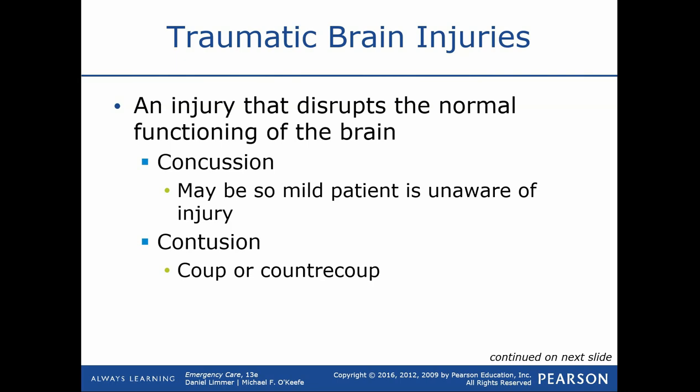If we have a contusion, right, now we actually have bruising of the brain. That's physical trauma. And they've got the words coup and contrecoup listed in there. Coup and contrecoup represent the impact areas of the brain in the event that it gets jostled around. So again, think of yourself in a car moving forward 55 miles an hour.